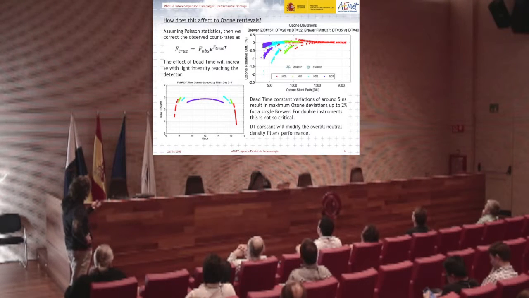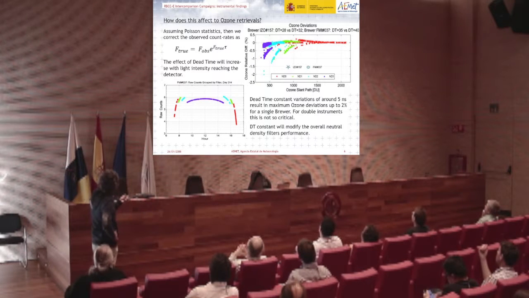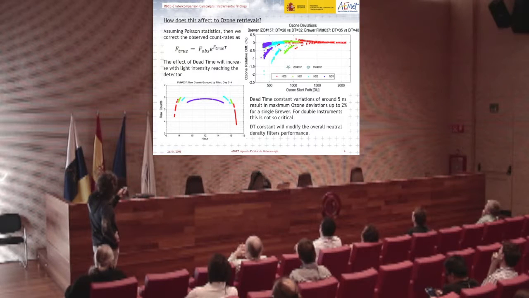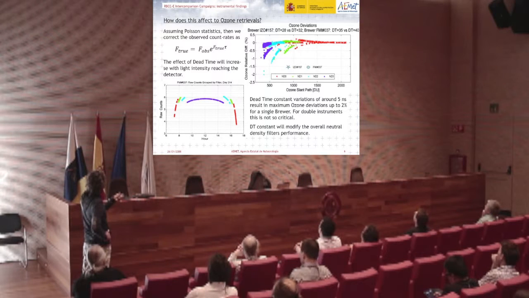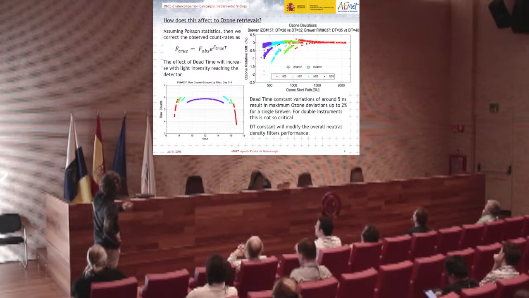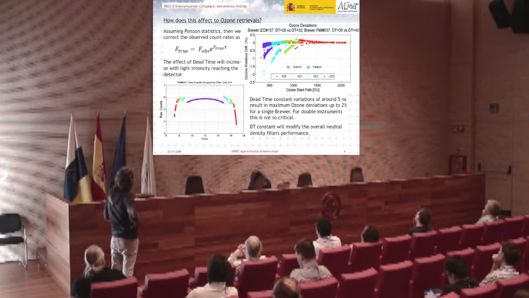The gross plot here refers to a double Brewer, and this other plot refers to the single Brewer. The different colors are for different neutral density filters: red for filter 0, green, blue, and the other for filter 3, and so on.